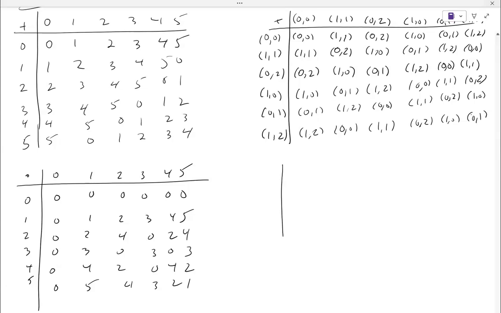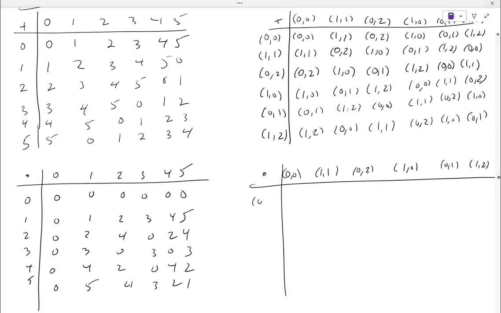All right. Doing this with the other ring, again, if I take 0 times anything, I get 0, or 0, 0 in this case.